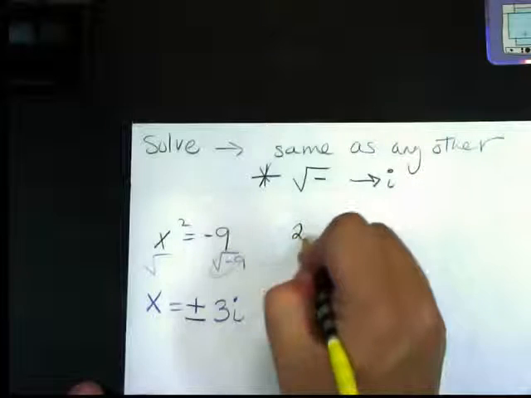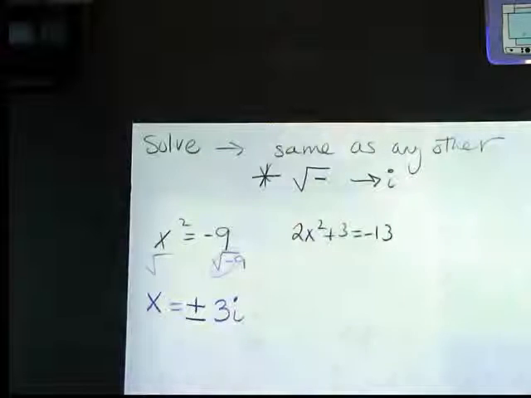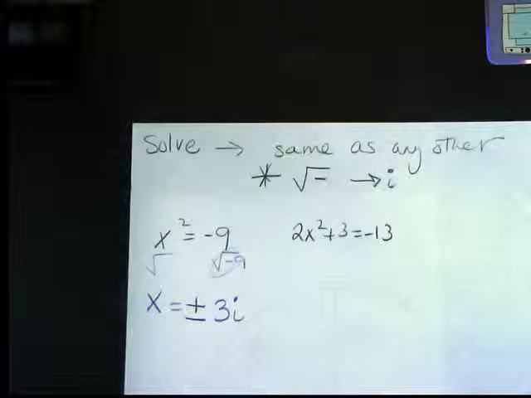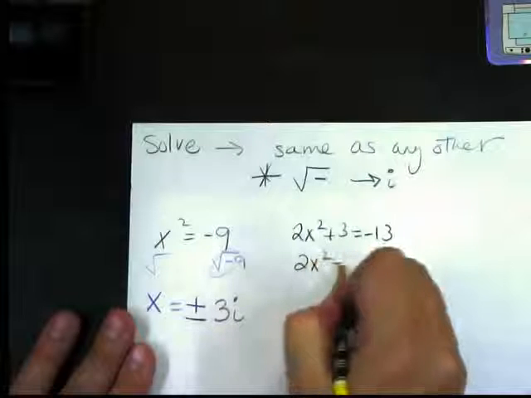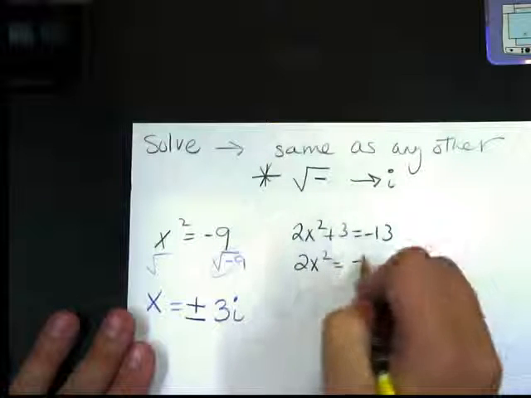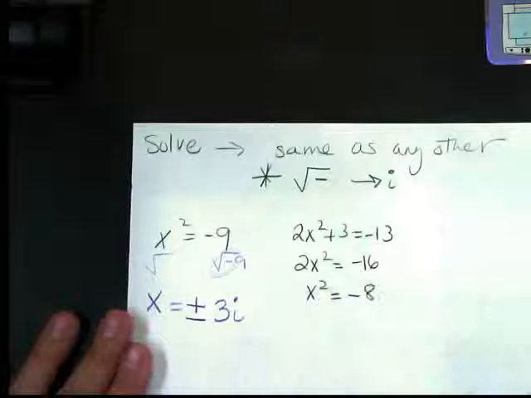So let's try again. 2x squared plus 3 is -13. We're going to solve this normal, meaning get the square by itself so we can square root both sides. 2x squared is -16. X squared is -8.